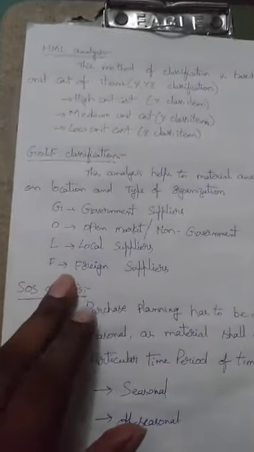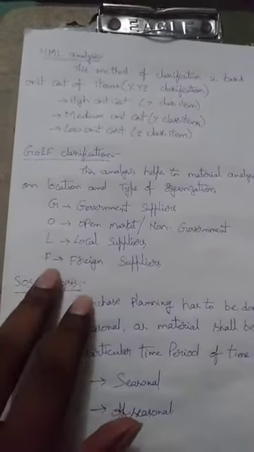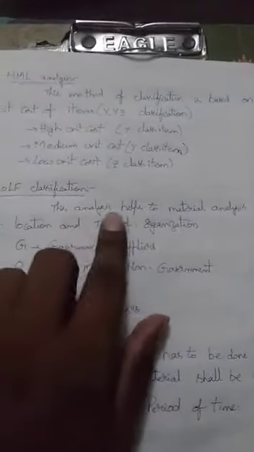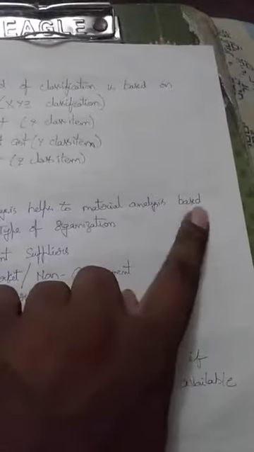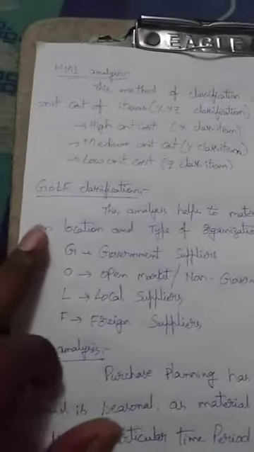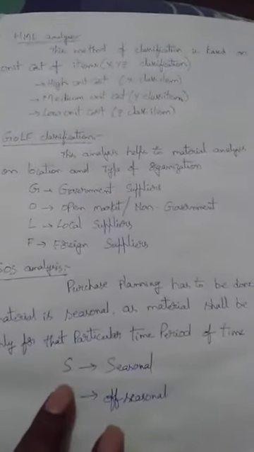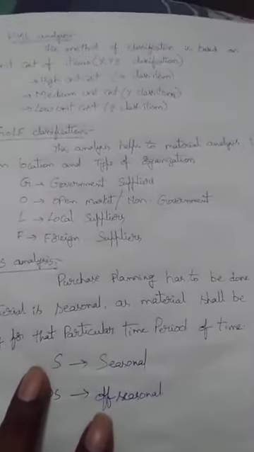That is very expensive from the cost point of view, and also in terms of transportation and services. So this analysis helps material analysis, based on the location and type of organization. Depending on the type of organization or industry, as per necessity, they apply GOLF, because some particular raw materials are available only in foreign countries, so they collect those raw materials for the manufacturing process.